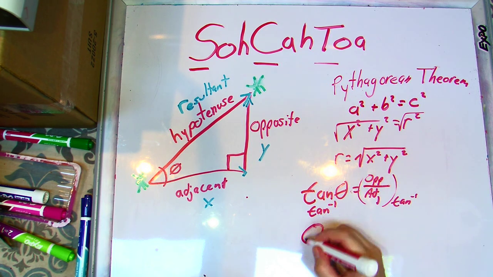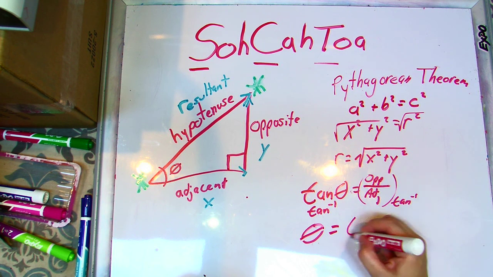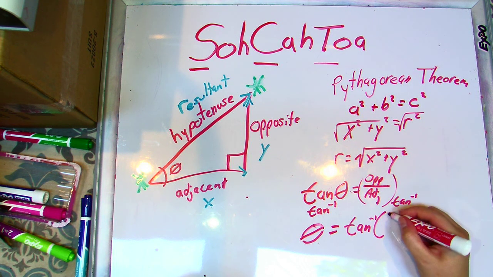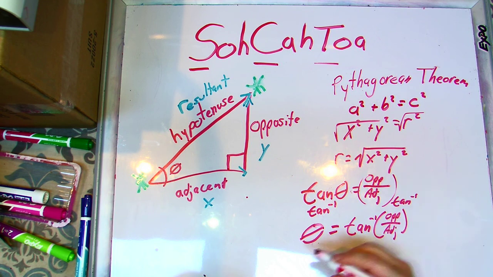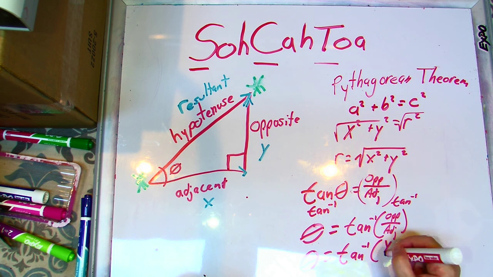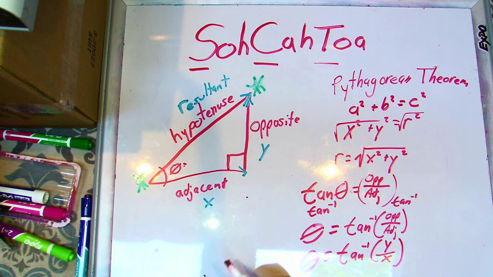So theta would equal the inverse tangent of opposite over adjacent, or in other words, theta would equal inverse tangent y over x. Rise over run, pretty much. And that will give you that angle.